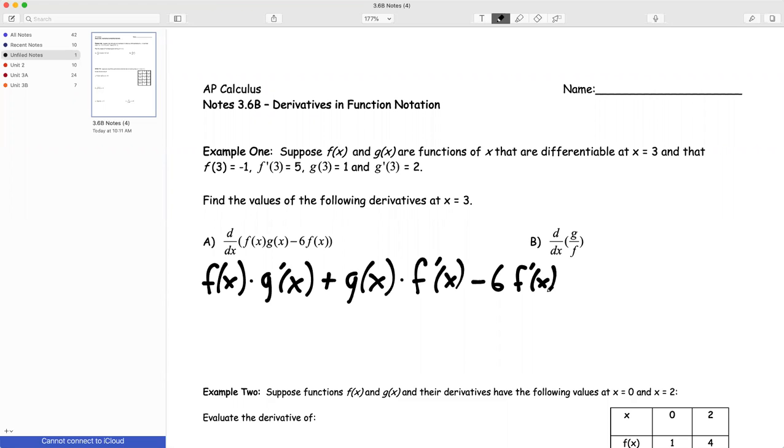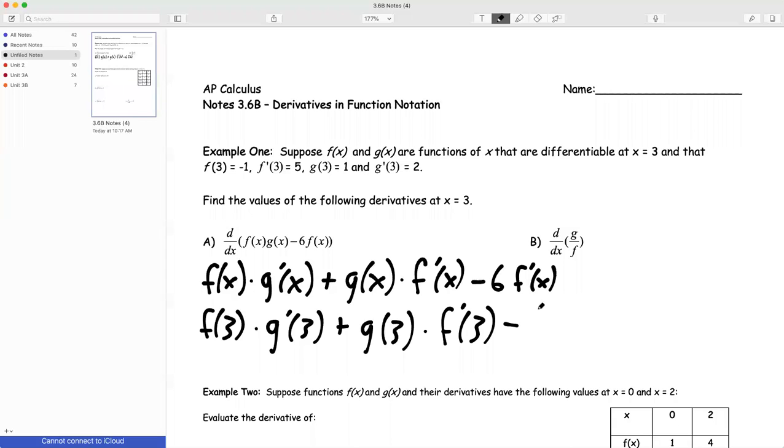Okay? So now x is equal to 3, so I'm going to plug in 3. So I got f of 3 times g prime of 3 plus g of 3 times f prime of 3 minus 6 times f prime of 3.